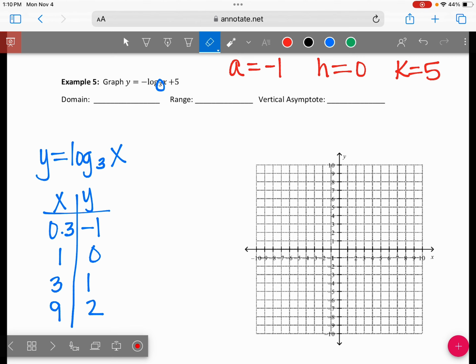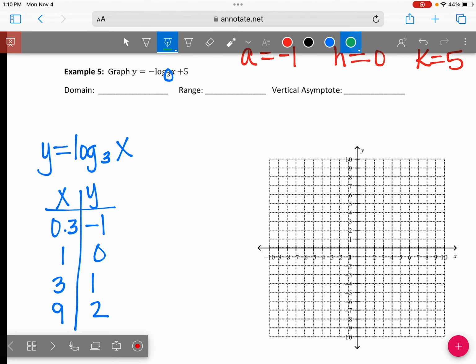So, all right, now we're going to apply our transformation. There are no changes happening to X because we're adding 0, so that doesn't change. All of our changes are happening to our Y values.